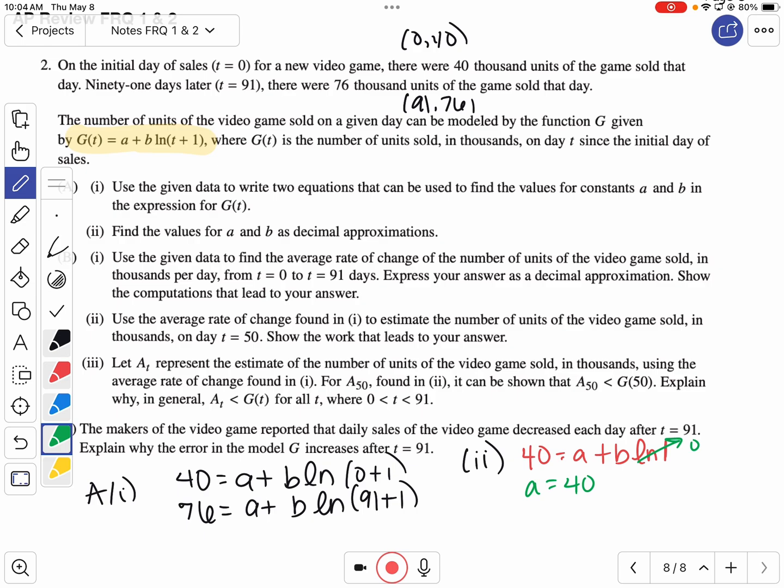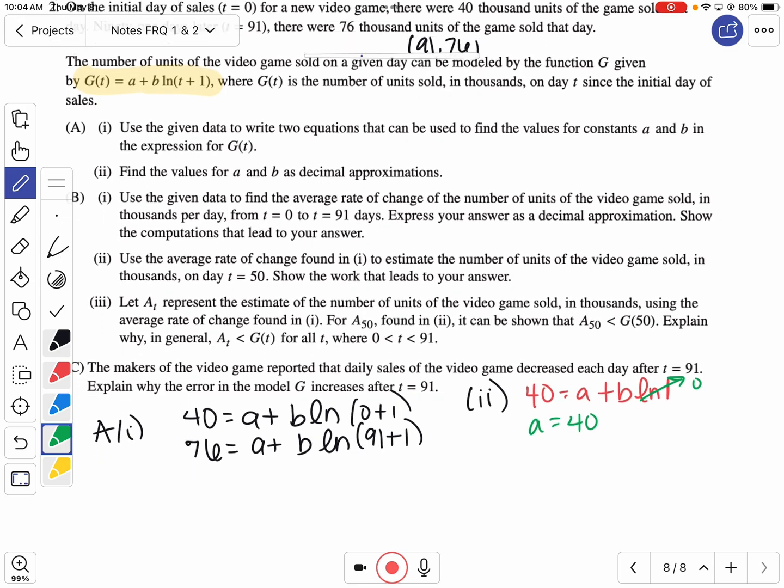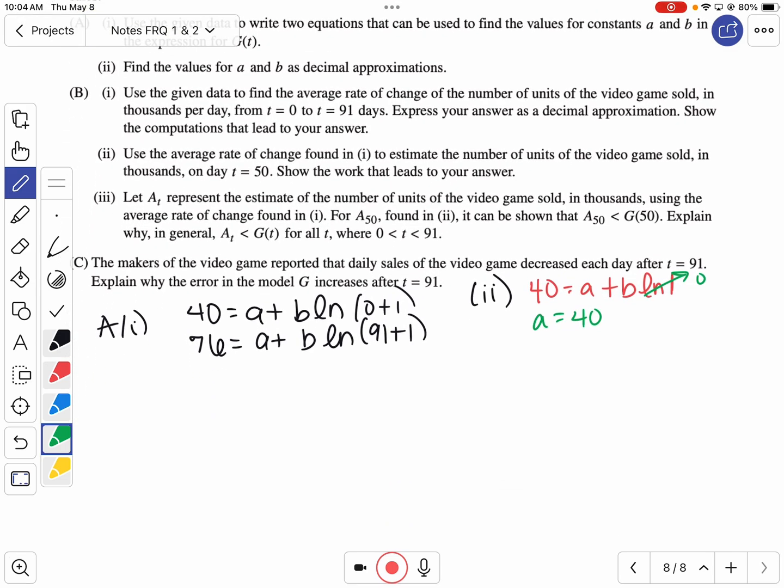Then to find b, we're going to use that second equation. And I'm going to plug in the a value that I know. So I have 76 equals 40 plus b natural log of 92. And we're just going to solve for b. So I'd move the 40 over. I have 36 equals b natural log of 92.